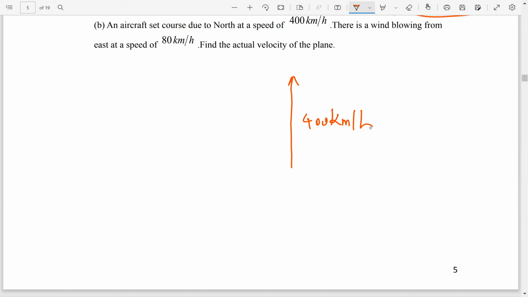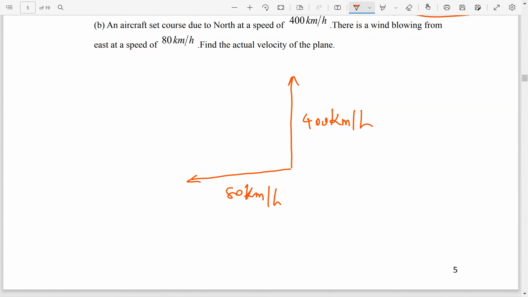There is a wind blowing from the east at a speed of 80 kilometers per hour. So the wind is blowing from the east, and the speed is 80 kilometers per hour.